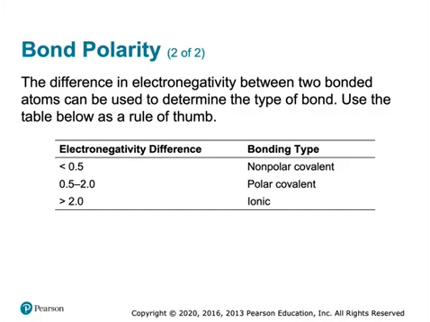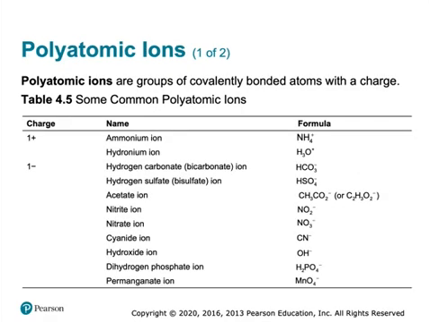It's really polar. Easiest way to remember is if they're two of the same atoms, it's covalent. If it's two different atoms, it's, I'm sorry, polar covalent. If it's two different atoms, polar. If it's the same, it's non-polar. And if it's a metal and a non-metal, it's going to be ionic.